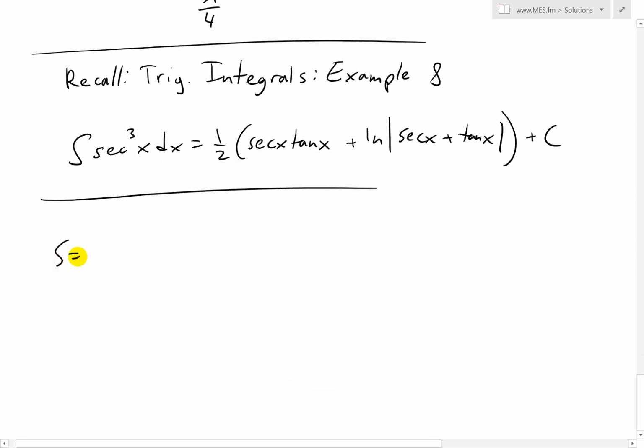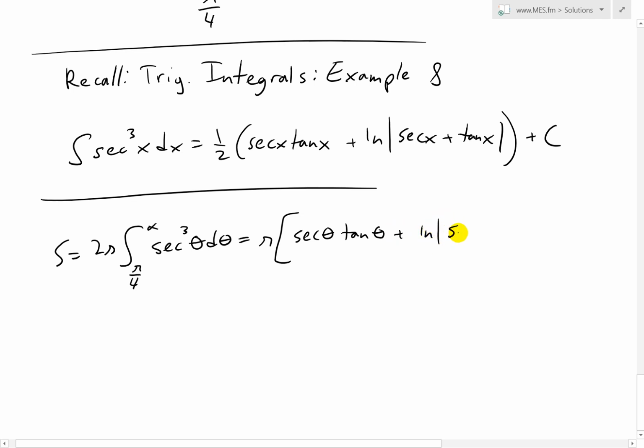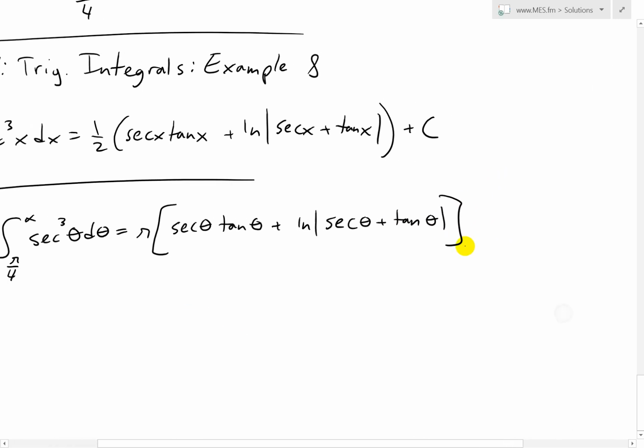So we have S is equal to 2 pi times the integral from pi over 4 to alpha of secant cubed theta d theta, which, plugging this all in, the 1/2 cancels, so we're just left with pi, and then switching everything to theta, we have secant theta tan theta plus ln absolute value of secant theta plus tan theta, from pi over 4 to alpha.